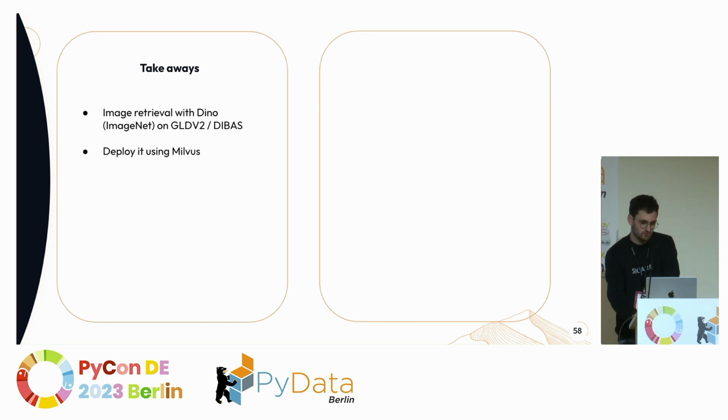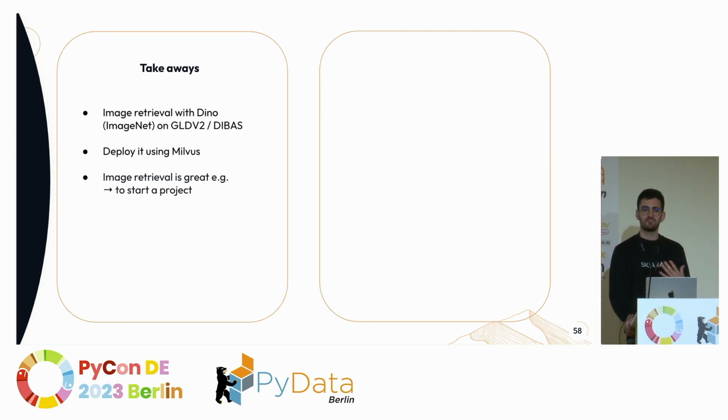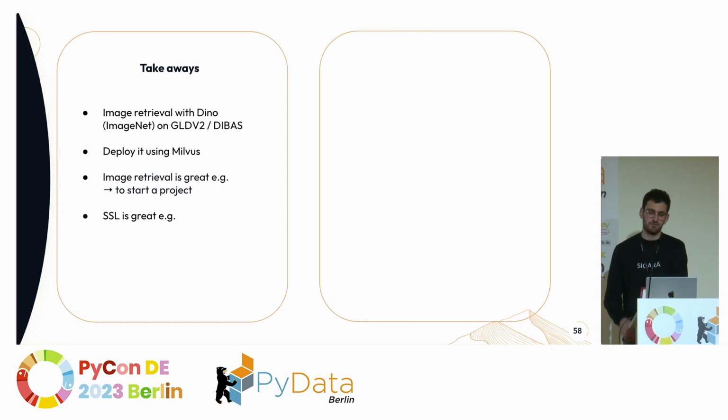And we saw how to deploy it into production. So image retrieval can be great for many tasks. Mainly to start a project, as we saw with Bioreca, where it could be challenging to get enough data to train a good model, so you could consider doing image retrieval. And SSL, so self-supervised learning, is great for many things as well.